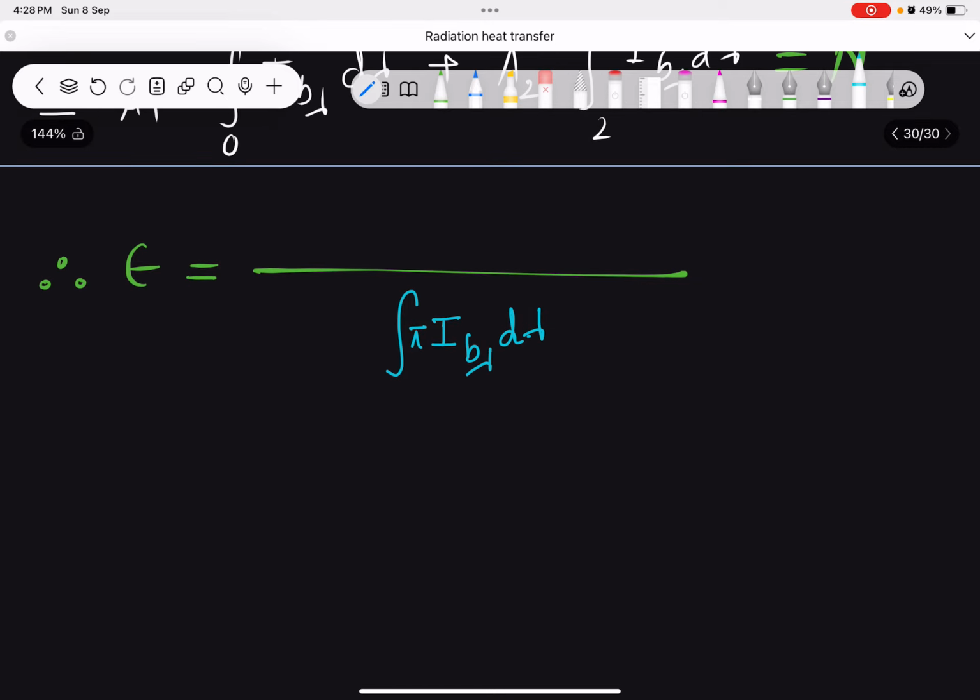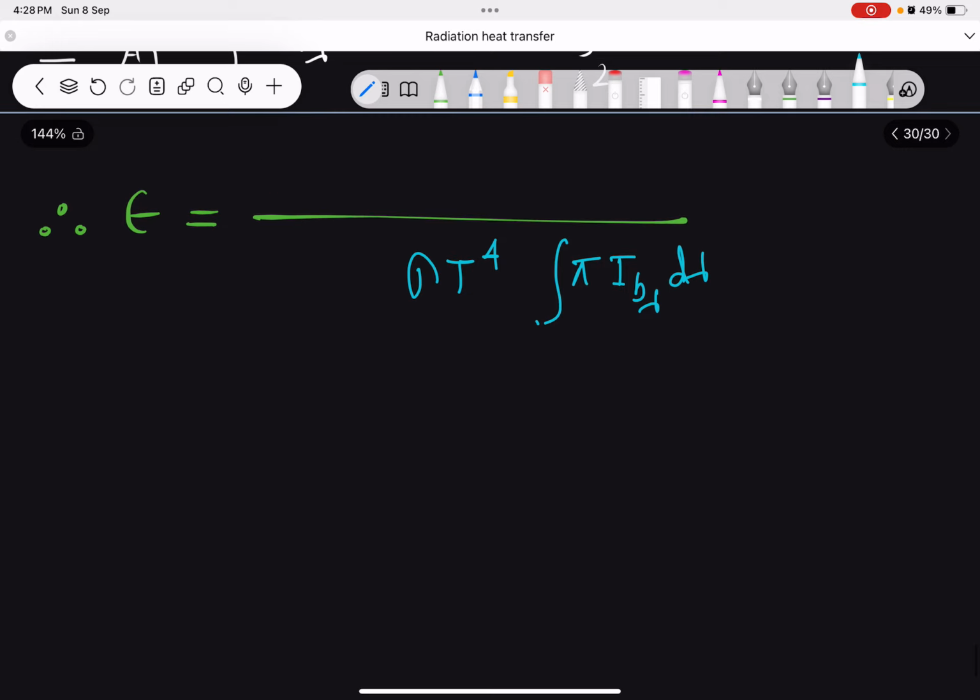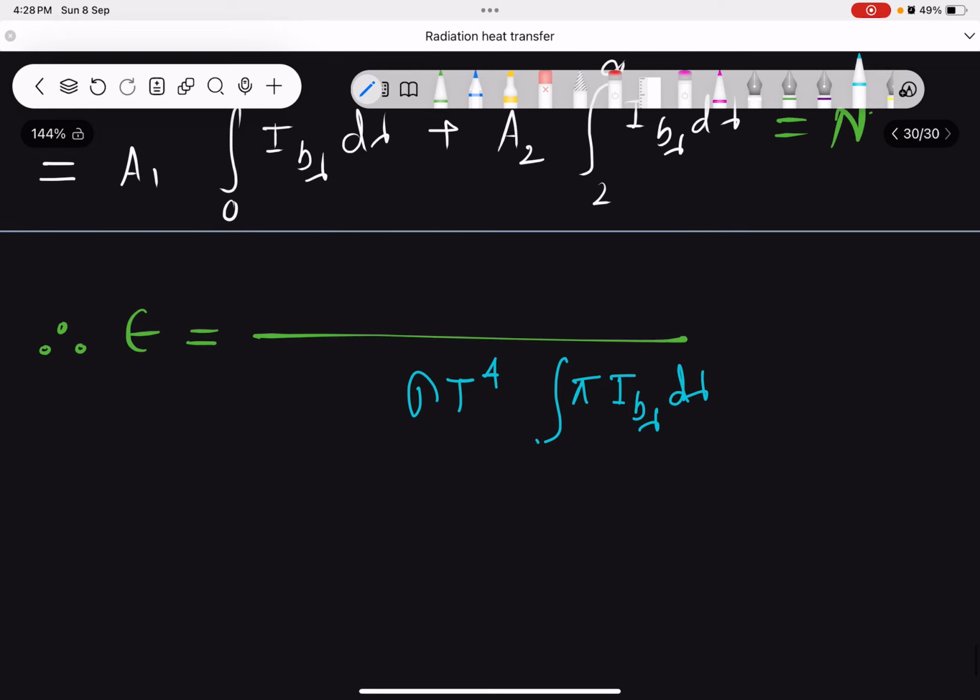So this is sigma T to the power 4, that is fine. Either you can write sigma T to the power 4 or you can write the integral of pi Ib lambda d lambda. Now you have to take care of just one thing, that is the f function, f of n lambda T, the fractional black body emissive power.